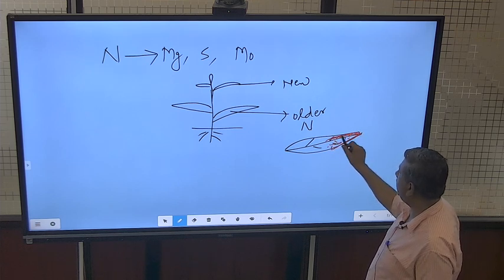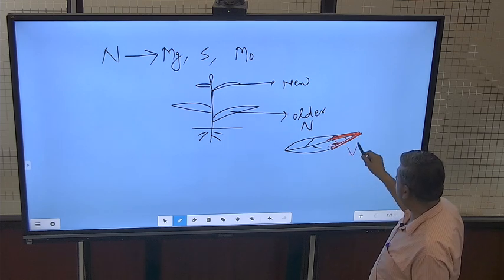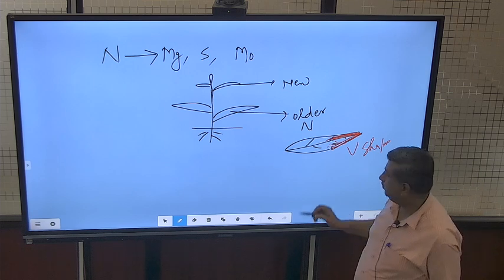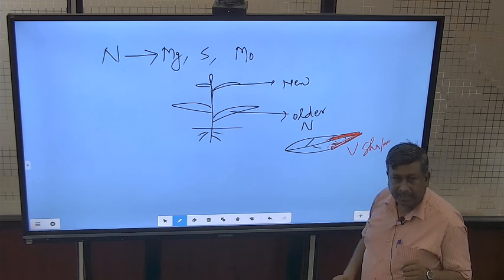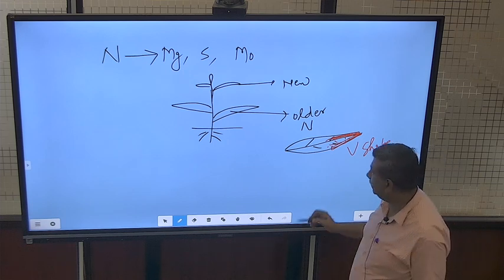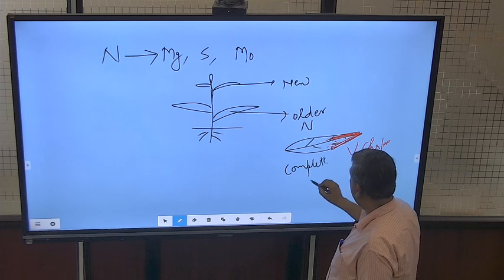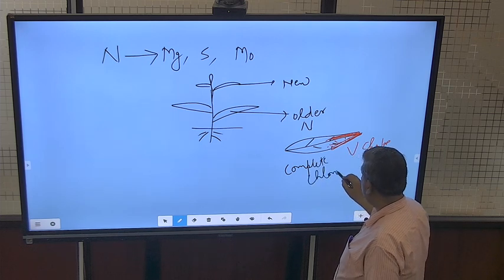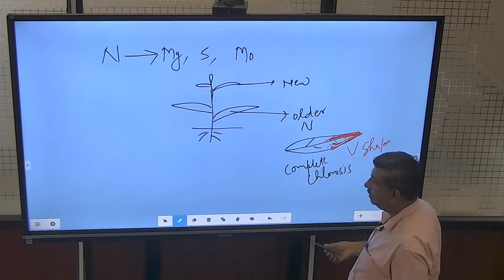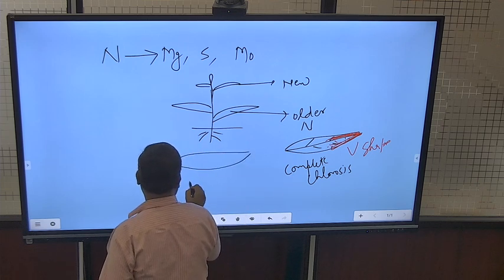It is V shaped, particularly in cereals. So, this is V shaped yellowing, and in older leaves the very peculiar character is complete loss of chlorophyll, complete chlorosis, including veins.